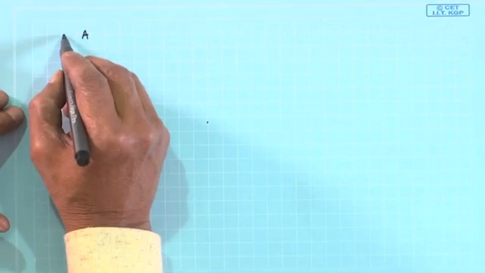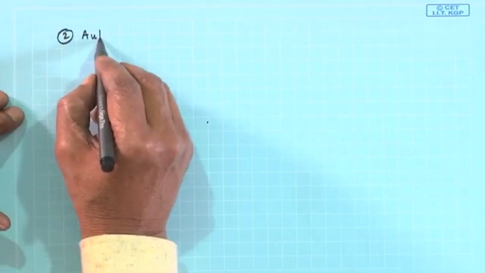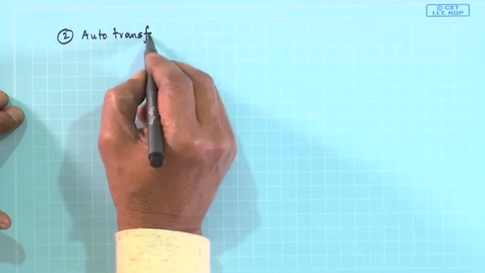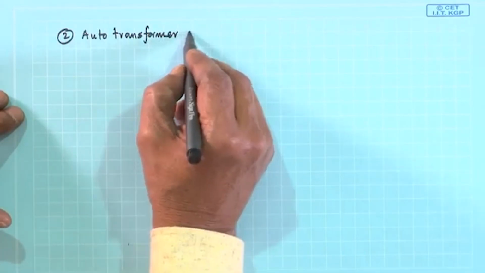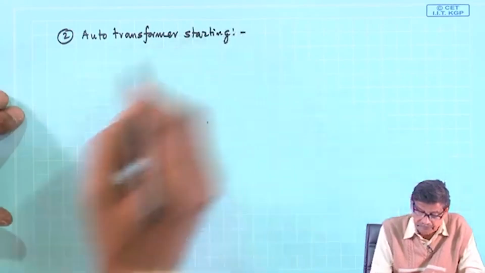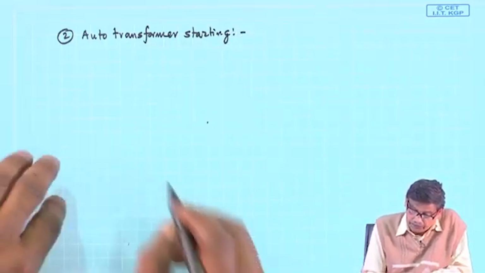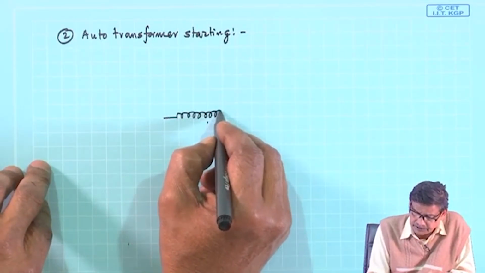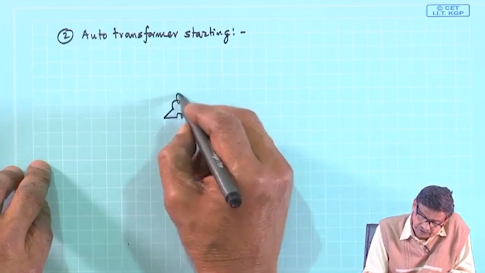Now, the second method is called auto transformer starting. In the auto transformer starting, same machine, delta connected, I have chosen for reasons I have told you.